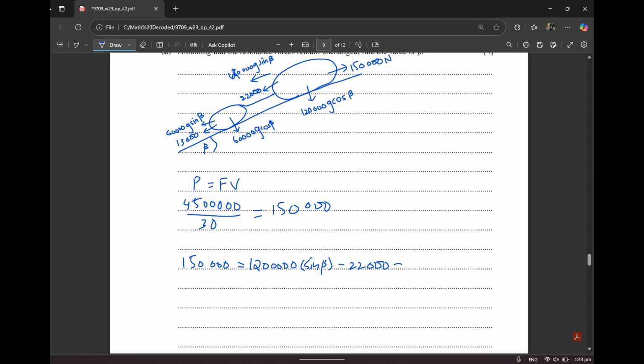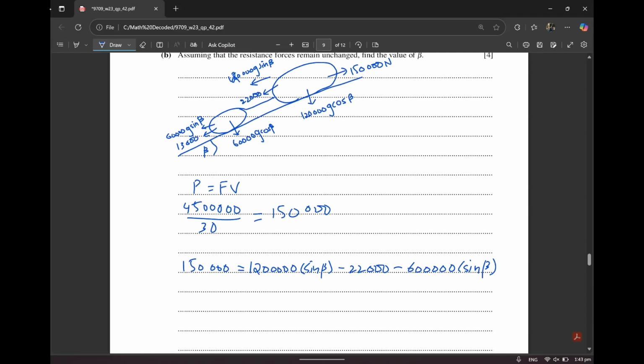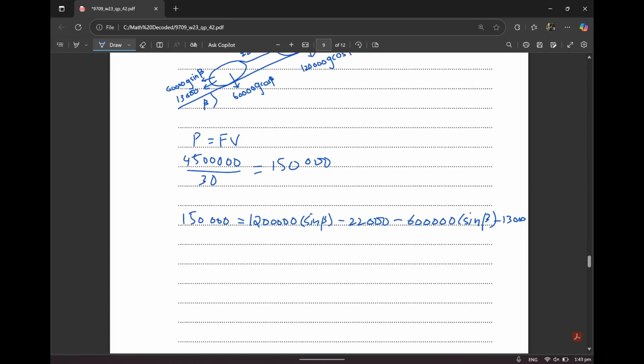minus 60,000 G sin beta minus the resistance force on this, 13,000. This is going to be the resultant force. The formula is F is equal to ma. The acceleration over here is 0, so this entire thing becomes 0.